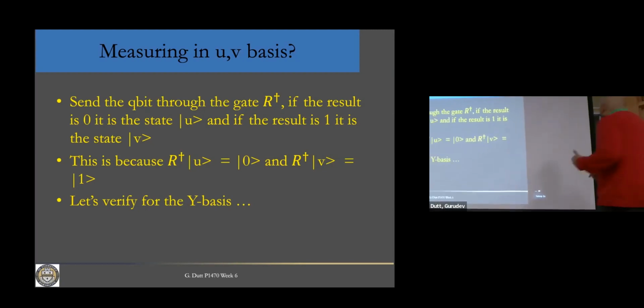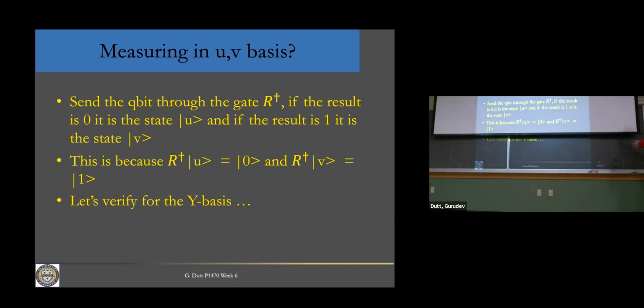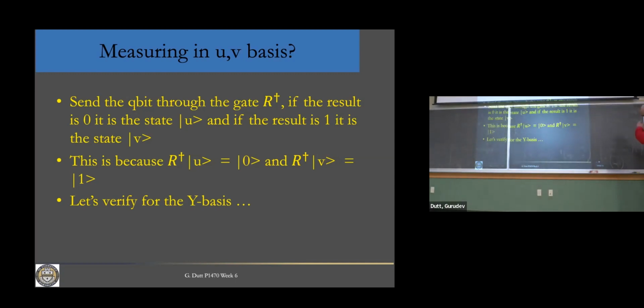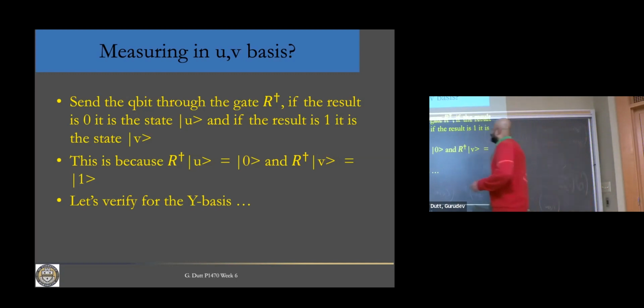Okay, so let's verify it for the Y basis. I could have taken this, maybe I should take this. All right, let's do it. I'm making this up today, so if I make an arithmetic mistake, it's on you to spot it.